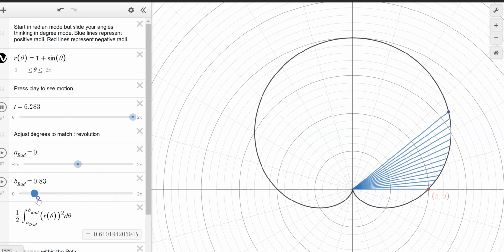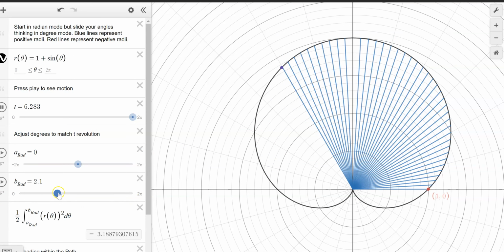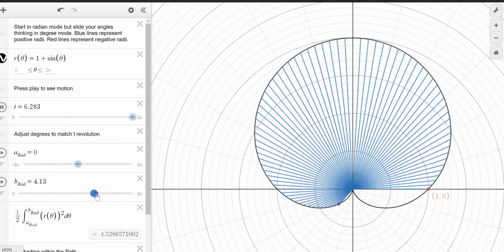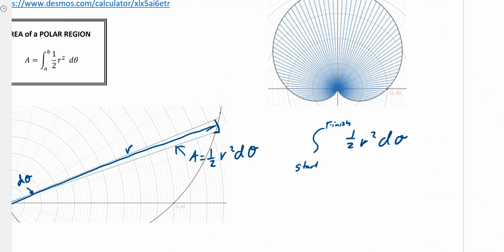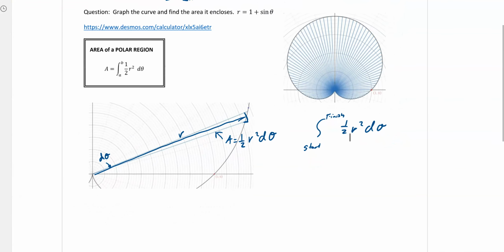As we go from 0 to 2 pi, our integral will add up all of those sectors. As our little dot moves around, that's giving us our thetas, and plugging those into our formula gives us all of those areas, giving us the area inside. Now all we have to do is plug things in.